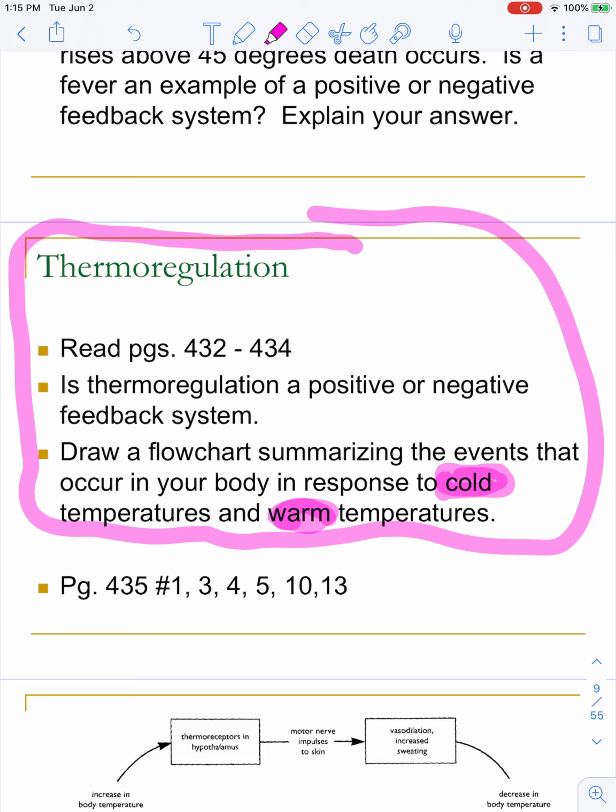If you want to use the online textbook, you can just actually Google search this. You'll get all kinds of wonderful options for flow charts summarizing temperature control in the body. So I'll have you do that. And then, yeah, answer this question. Reading, not so much. Okay, so I'll leave that with you, and then we'll move on.